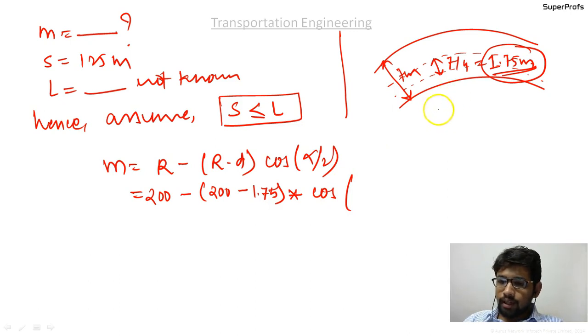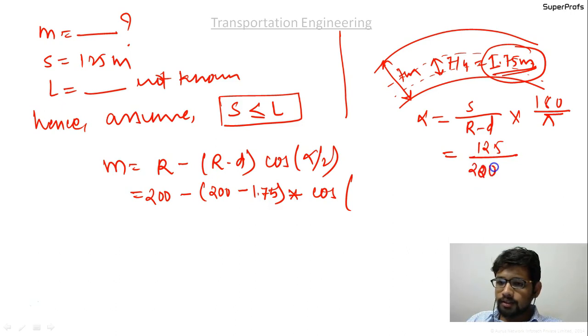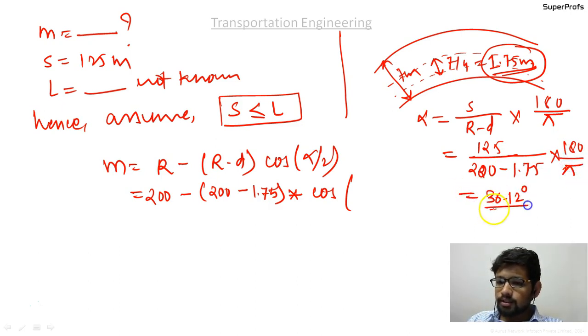Now we need to calculate alpha, and alpha is given as s upon R minus d into 180 by pi, that is 125 upon the radius, 200 minus 1.75, into 180 by pi, which is equal to 36.12 degrees.